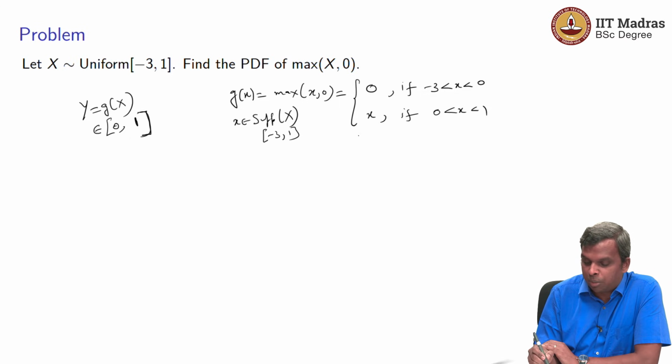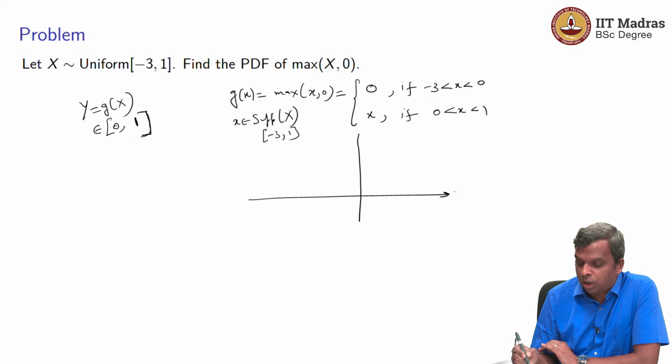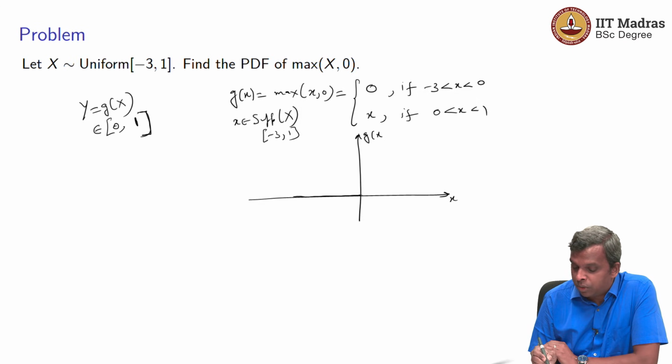So if you want, you can plot this. Actually, it's not very hard to plot. G of x takes 0 for negative values, and then it goes to x up to 1. So it's an easy function in some sense, but the fact that it stays 0 for so long and then picks up here, it's not differentiable here.